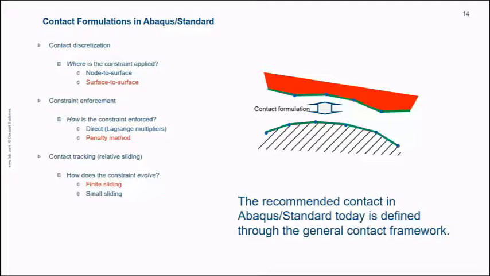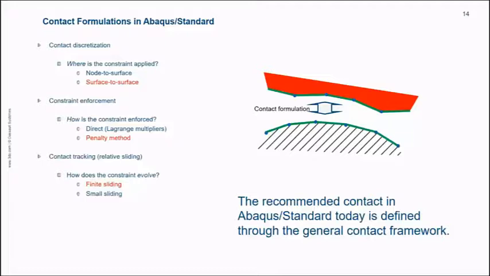If you're interested in this idea of Lagrange multipliers, you can look at the simple classical problems from calculus of variations. Or you can use a penalty method. Again, penalty method is in red because I want to highlight that as being the recommended constraint enforcement.